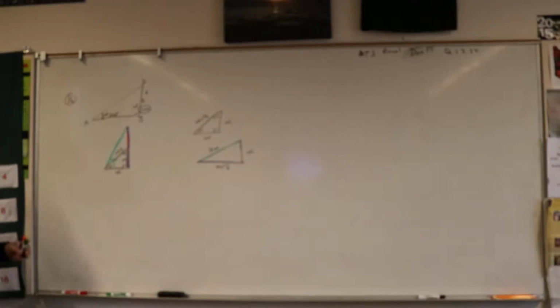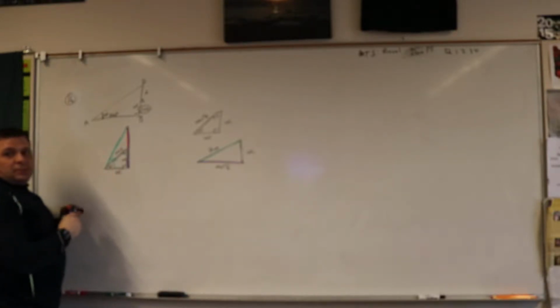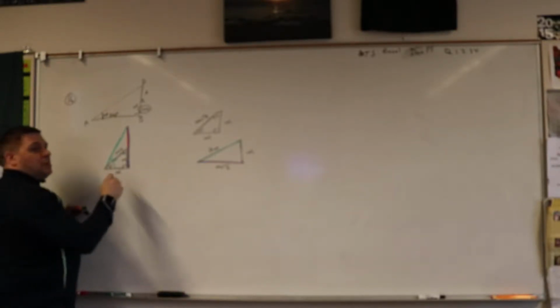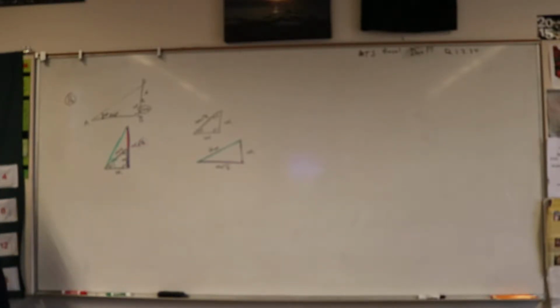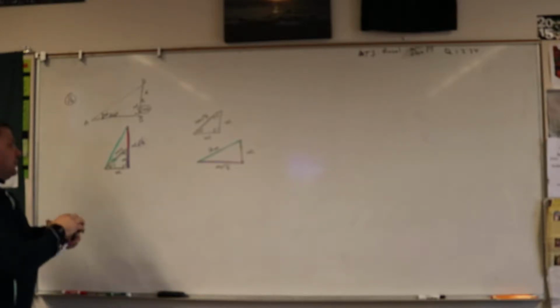Now, if these two blacks are alpha, what does that make the purple? Alpha square root 3. Okay? In fact, I might even want to write that in purple and go alpha square root 3. Okay? And then, what's that make the green? 2 alpha. Okay?